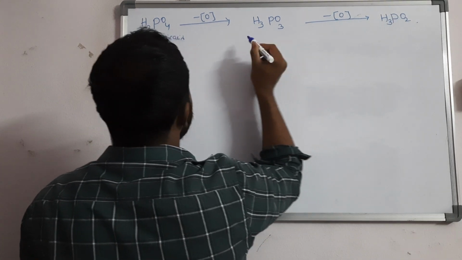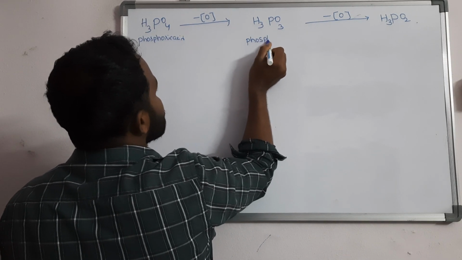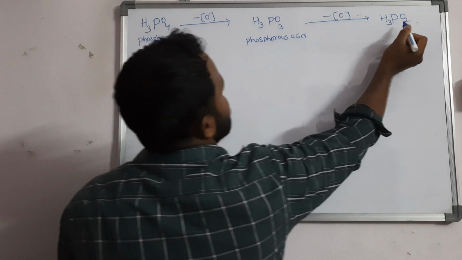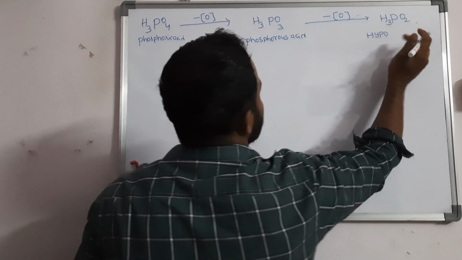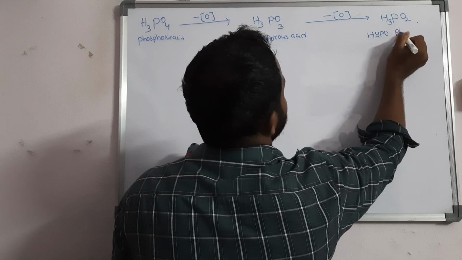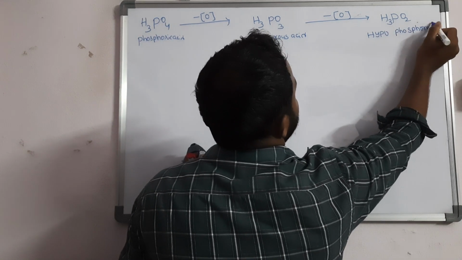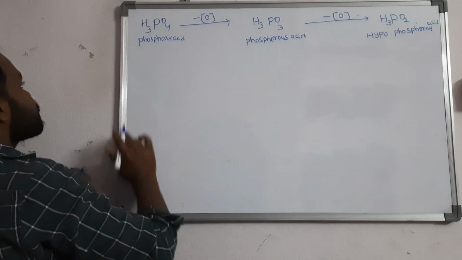H3PO3 is phosphorus acid, and H3PO2 is hypo, obtained from phosphorus acid, right? Then you should write hypophosphorus acid.